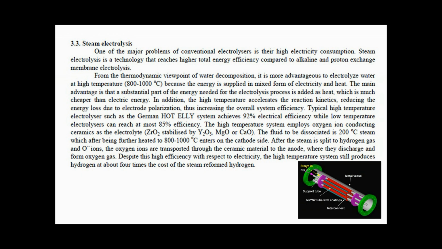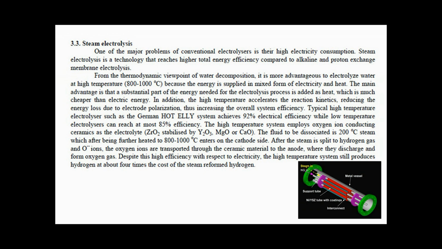It is done at a fairly high temperature, 800 to 1000 degrees centigrade, and at that temperature water tends to break down into H2 plus O. In the presence of your cell, that O exists in the form of O2 minus.